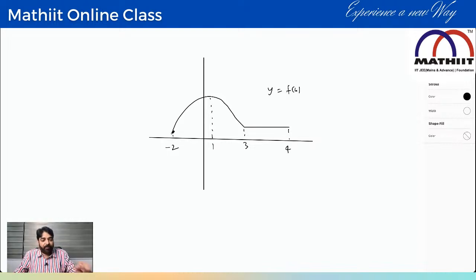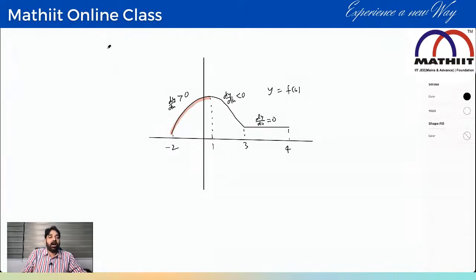By the graph, we can easily tell that for x from -2 to 1, the graph is going up. So in this area dy by dx will be greater than 0, not less than 0. Means for x from -2 to 1, the graph is increasing, and dy by dx will be positive. From here to here, dy by dx will be less than 0. And from here to here, dy by dx will be equal to 0.